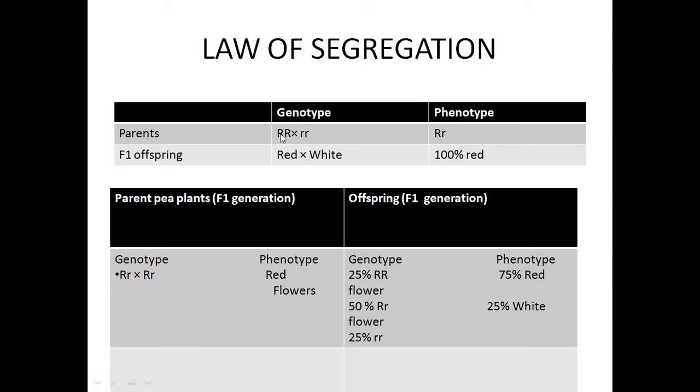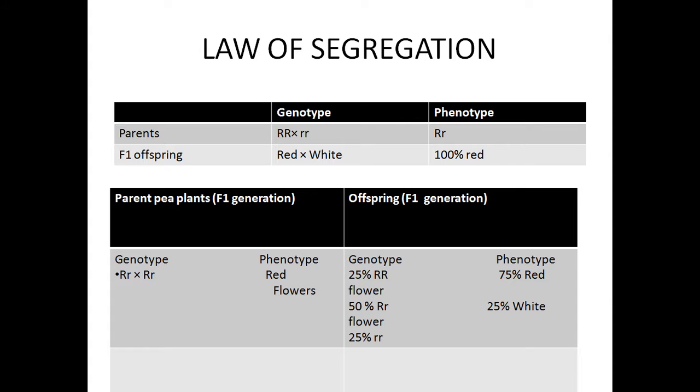When the two alleles of a gene separate and go into different gametes in the F1 hybrid, in F1 offsprings or the hybrids, one of the two alleles of the gene, capital R is red, small r is white.